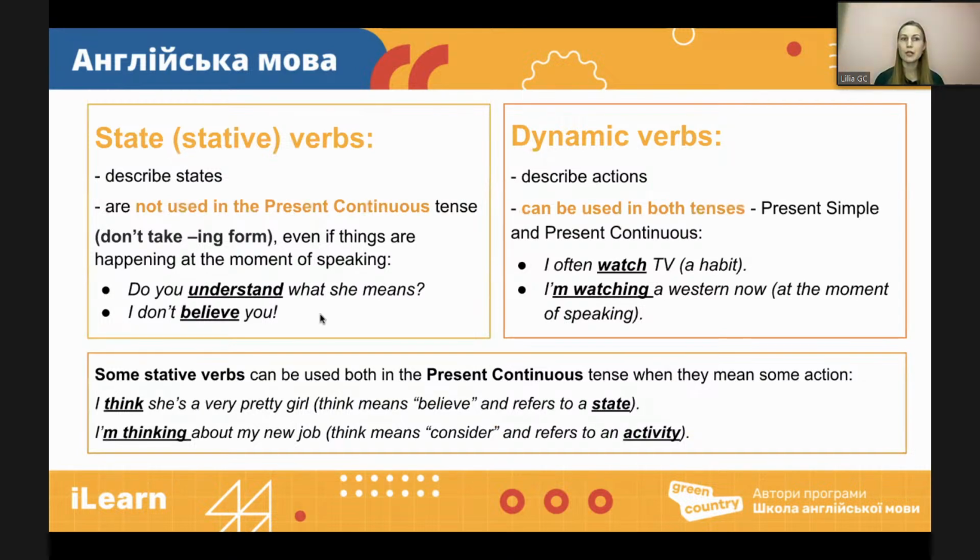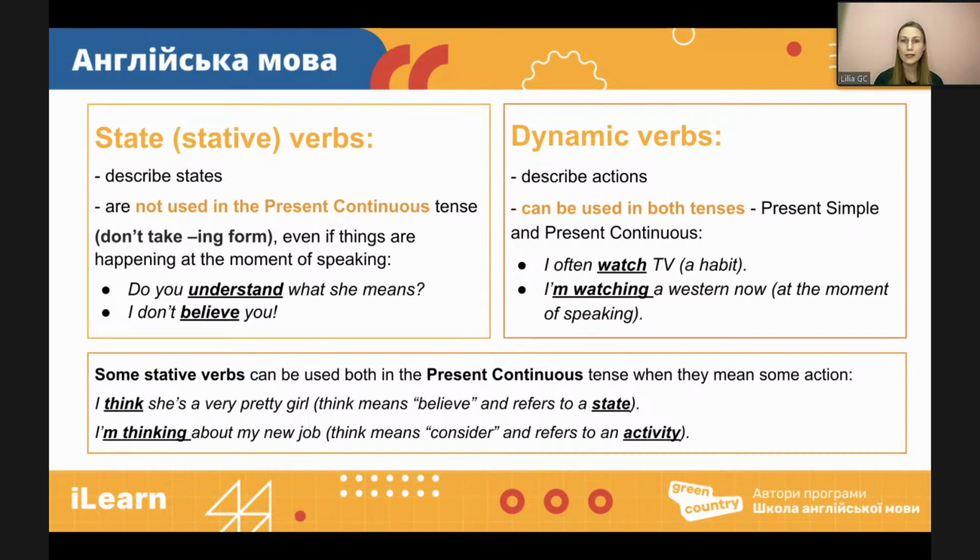So, they describe states, not actions. They are not used in present continuous, meaning we cannot add ing form to them. We don't say I'm liking, I'm knowing, forget about that. And even if something is happening right now, we still cannot use continuous. Like, do you understand what I say right now? Still simple. Or I don't believe you right now, but still simple.